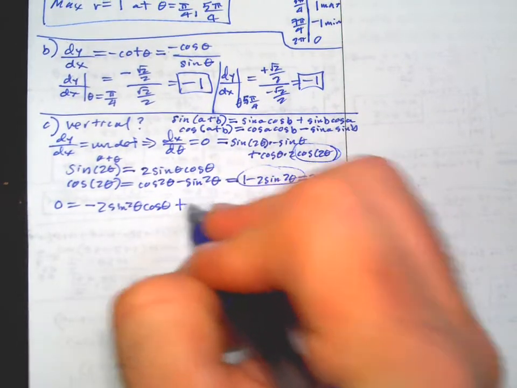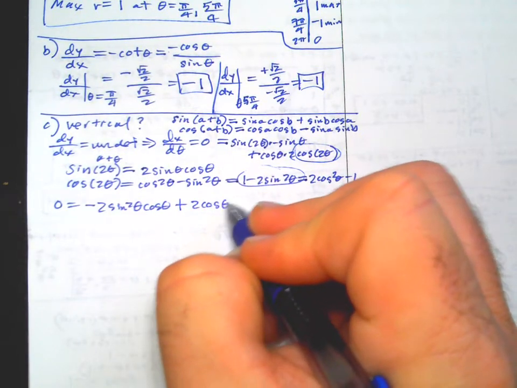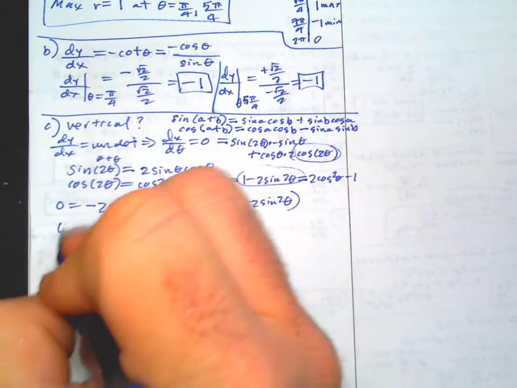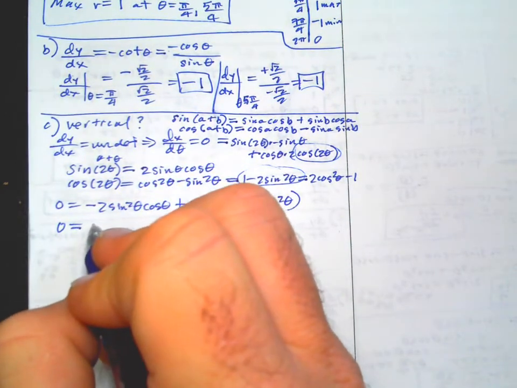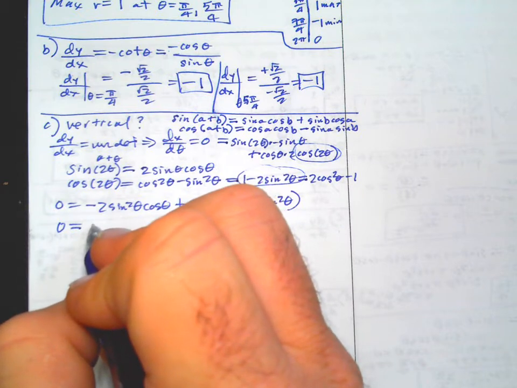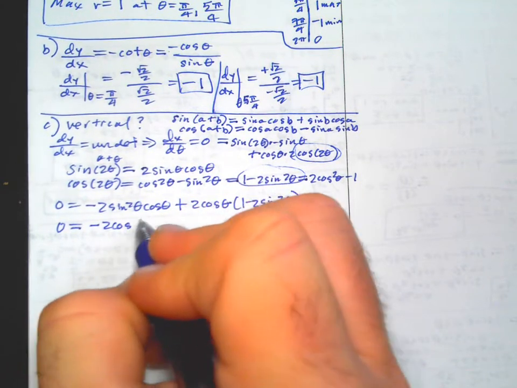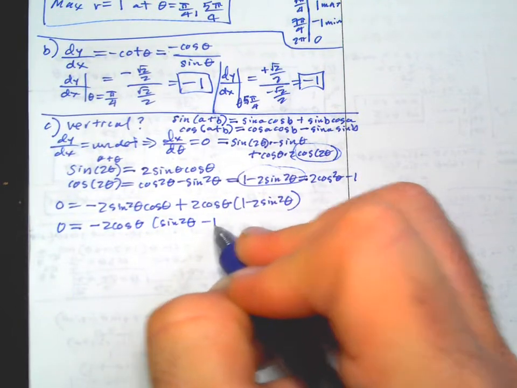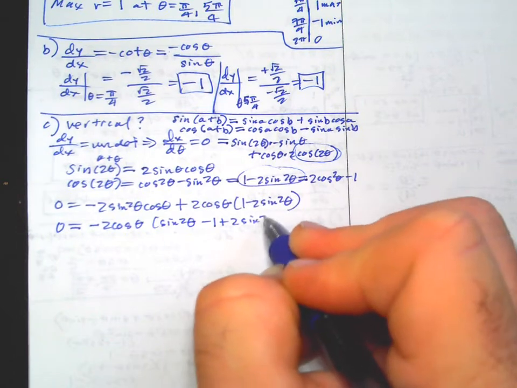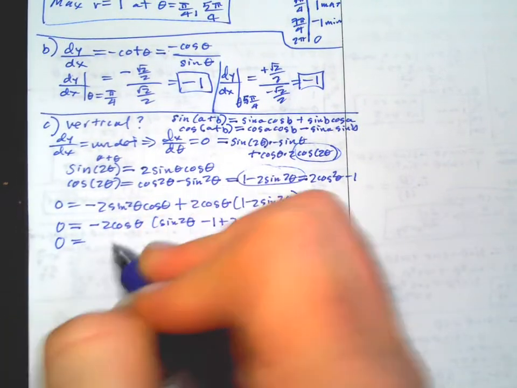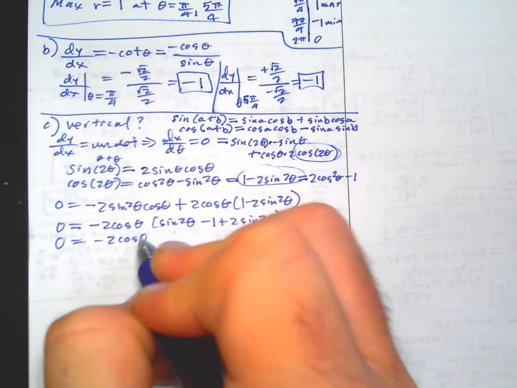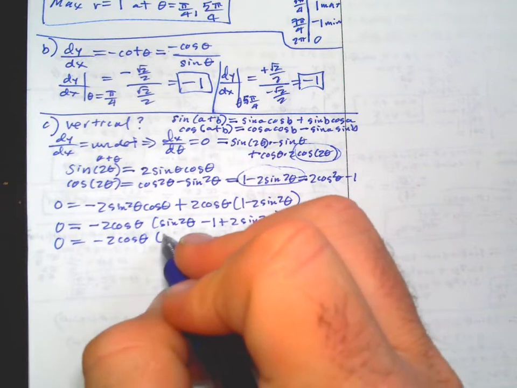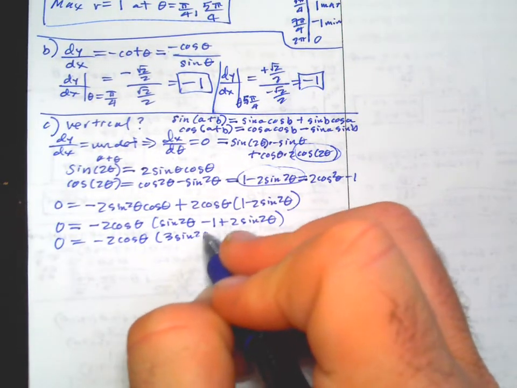Okay, so that's going to be plus 2 cosine theta, and I'm just going to leave it in the parentheses. So then we could factor out the negative 2 cosine theta, and there'd be a sine squared here, and then a minus 1 plus 2 sine squared here. So 3 sine squared theta minus 1.